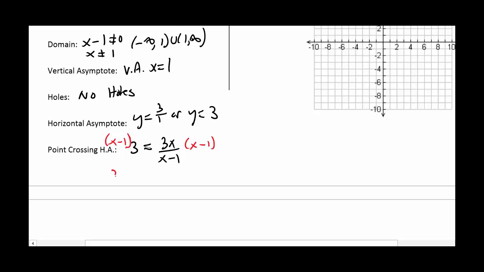So that gives me 3 times x minus 1 equals 3x. When I distribute, I get 3x minus 3 equals 3x. And interestingly enough, when I get the 3x's together, I get negative 3 equals 0. So that tells me that it does not cross.